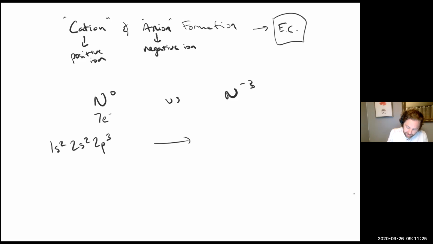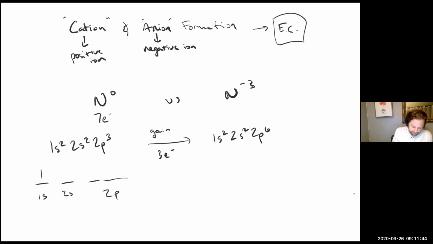And when you ionize, in this case to a -3 charge, that's gaining 3 electrons. So we're going to add 3 electrons to where they would predictably go, and that's going to fill up the outer shell. The idea is that ionization is predictable when you know how many electrons are needed to fill up the outer valence shell.